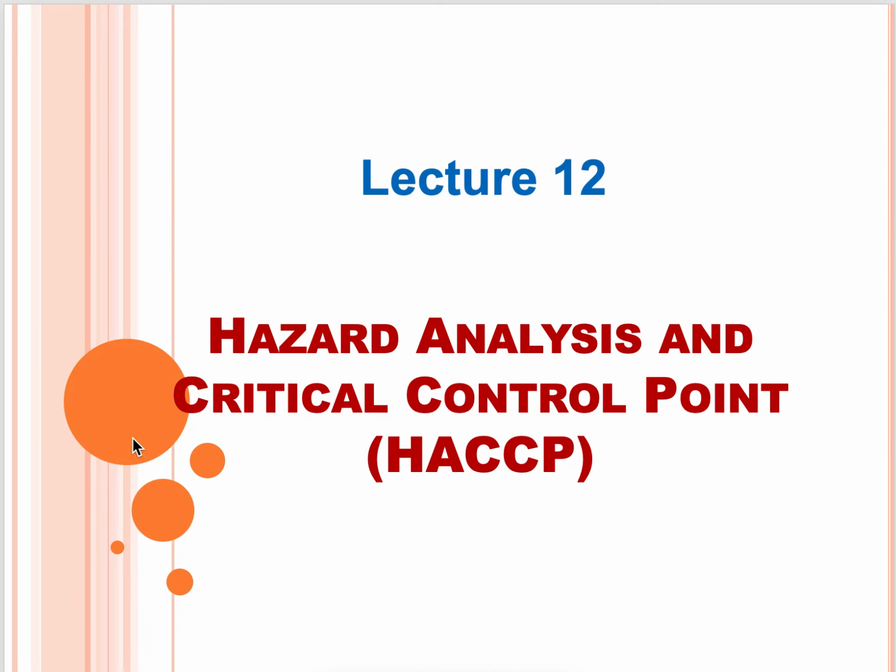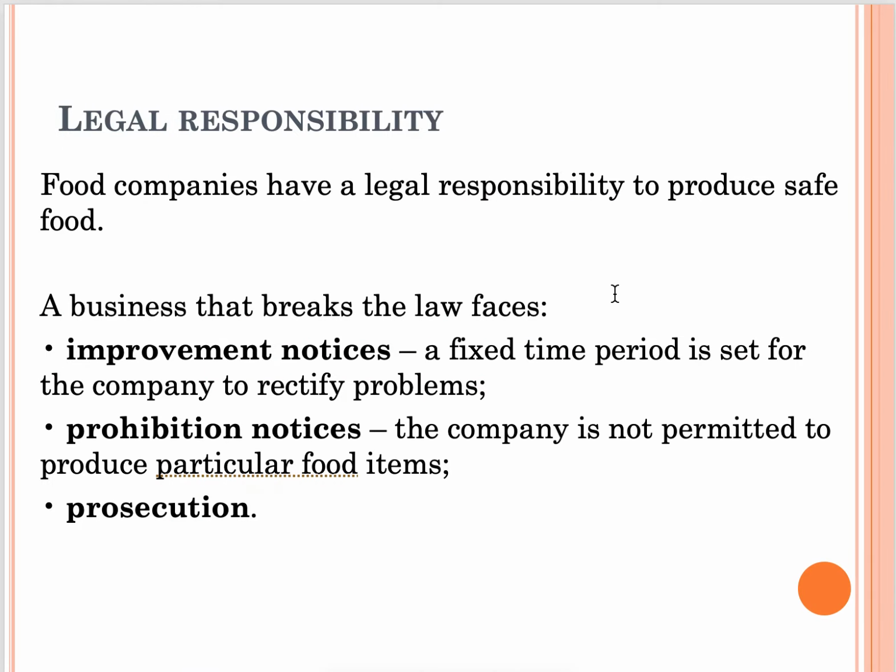Okay, so anyway, the food companies have a legal responsibility to produce safe food. If they fail to produce safe food, they have to face different actions. They may get improvement notices from the authority, which say that you have this kind of problem, and by this time you have to fix these problems.